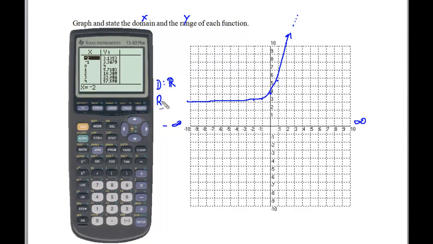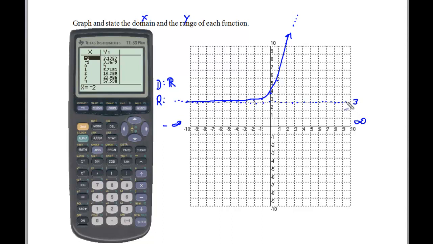But for my range are the y values. This graph goes no lower than 3. Since this graph was shifted 3 units up, this graph has an asymptote line, or basically a line that it cannot touch nor cross, at 3.